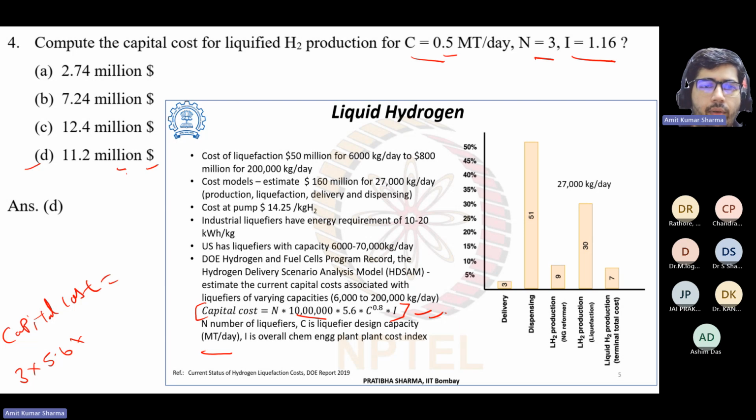Value of C is 0.5. In this formula, the value of C should be in MT per day. If it is not in MT per day, maybe it is in MT per hour, then you need to convert into MT per day. Then only you can directly use this formula. Otherwise, if the unit is MT per hour and you put the value here, your cost will not be correct.